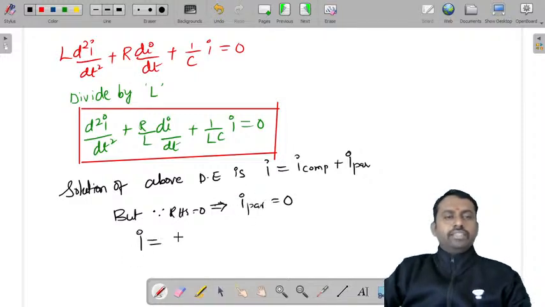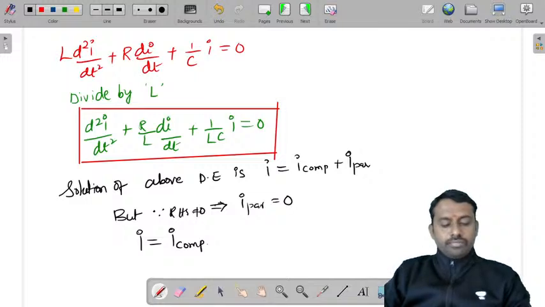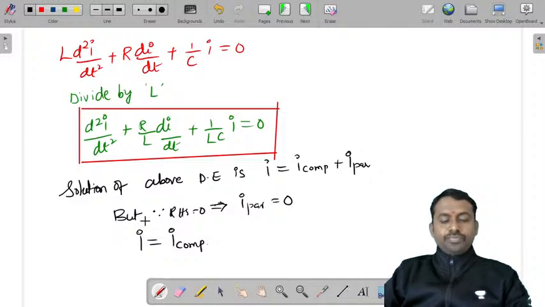So I can write I is equal to I complementary. Once you get that, you need to find this I complementary.